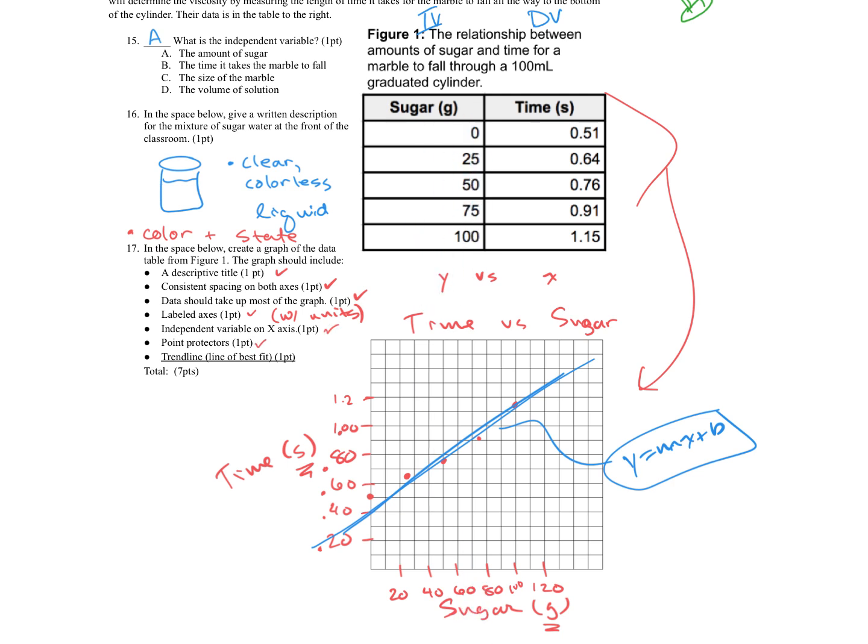Point protectors are the little circles that are added. That's a point protector. It helps us understand that the point is plotted correctly. And then the trend line is a straight line. It's not a connected dot situation. It's a line that goes as close to all of the data as possible, and it helps indicate what in general the trend is.